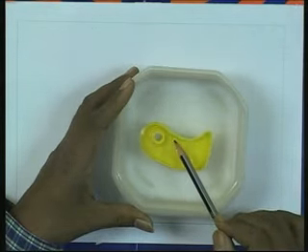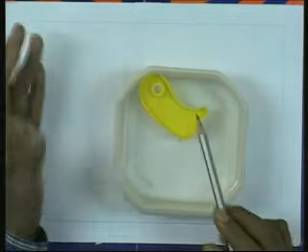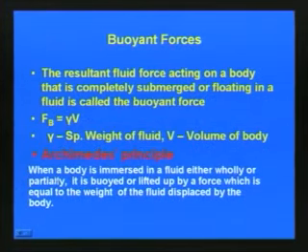The buoyant force will generally be equal to the specific weight of the fluid multiplied by the volume of the body, whether it is partially submerged or fully submerged. Based upon this buoyant force, Archimedes formulated the principle called Archimedes principle. It is defined as: when a body is immersed in a fluid, either wholly or partially, it is buoyed or lifted up by a force which is equal to the weight of the fluid displaced by the body.